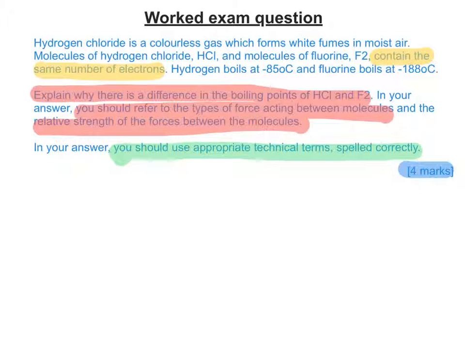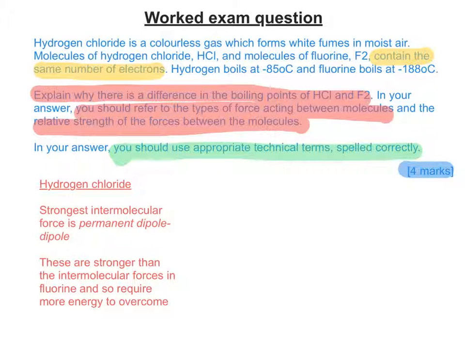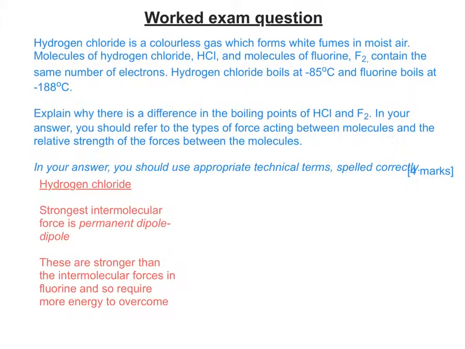So let's do hydrogen chloride first. I know I haven't discussed the actual intermolecular forces in fluorine yet, but the fact that hydrogen chloride has a much higher boiling point, I've just spotted in my question, I've said hydrogen boils at minus 85, and I meant to say that hydrogen chloride boils at minus 85, so I'm just going to go and change that.